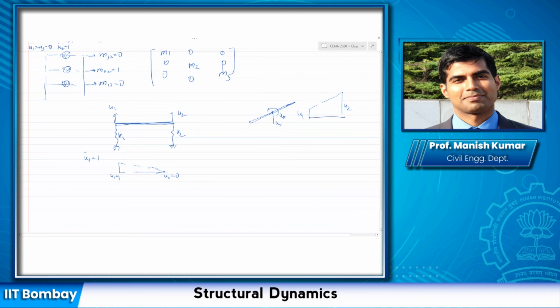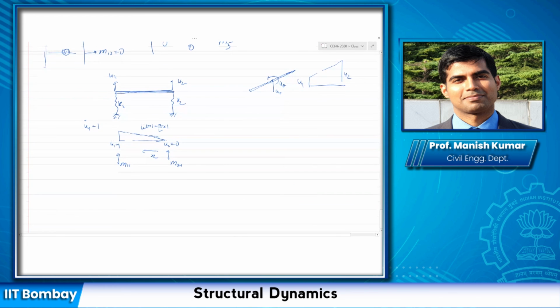So it is actually linearly varying between these 2 points as x by L. So the acceleration in between is x by L times 1. Okay, where x is in this direction. So the force that is required, M11, and this would be M21, should balance this force.